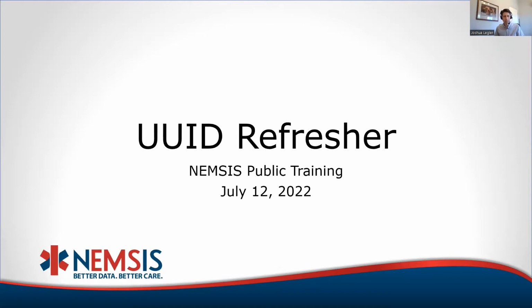We'll go a little bit into the technical, but a lot more into what it means for me from a state data perspective. So the main audience today is going to be state data managers, but I think there will be plenty of useful information for everyone, whether it's at the agency level or vendors or whoever else.